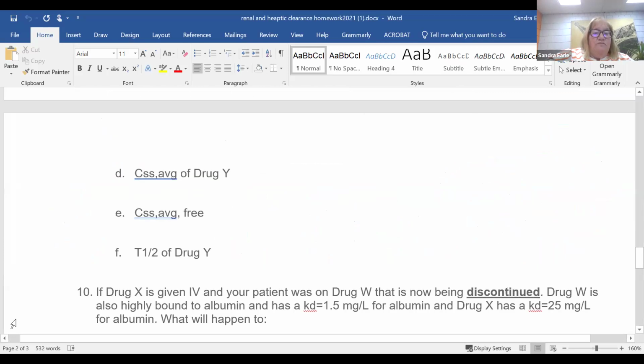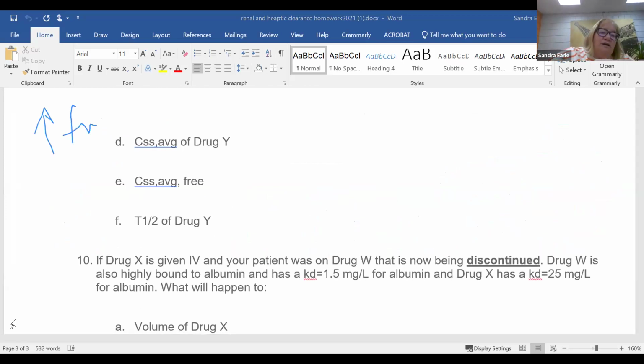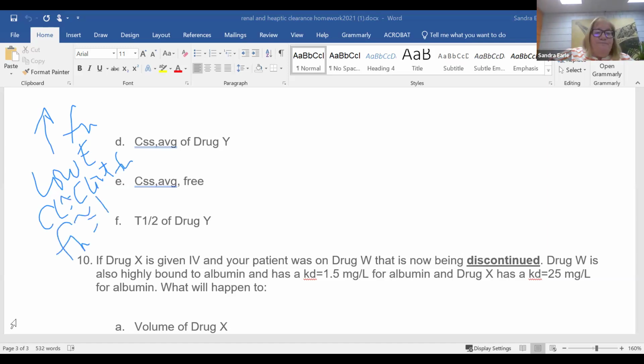So we have more with drug Y when, again, we've got an increase in fraction unbound and it's a low E drug, right? So a low E drug clearance is approximated by intrinsic clearance times binding, and FH is approximated by 1. What's going to happen to the CSS average of drug Y?